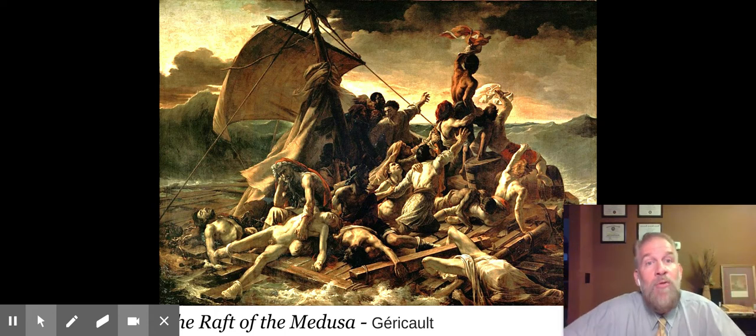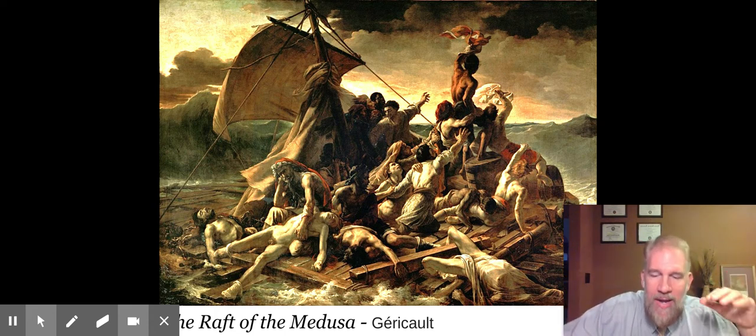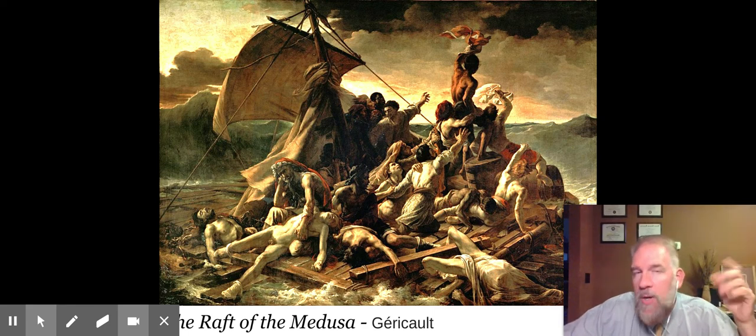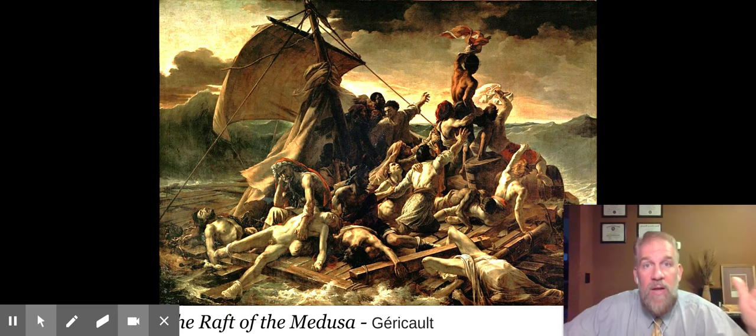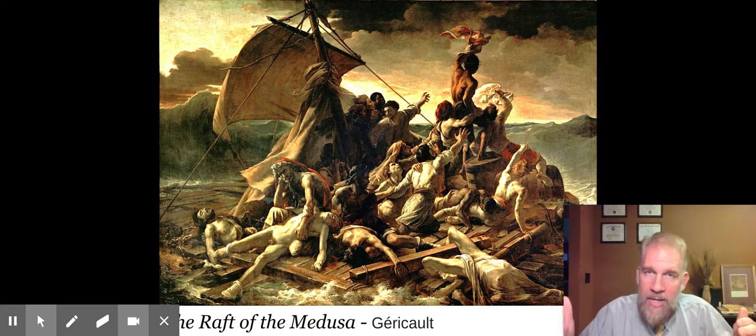It causes a humongous stir at the Salon, so much so that it becomes too hot button. So what Géricault wants to happen is he wants the nation of France to purchase this painting from him into the national collection.